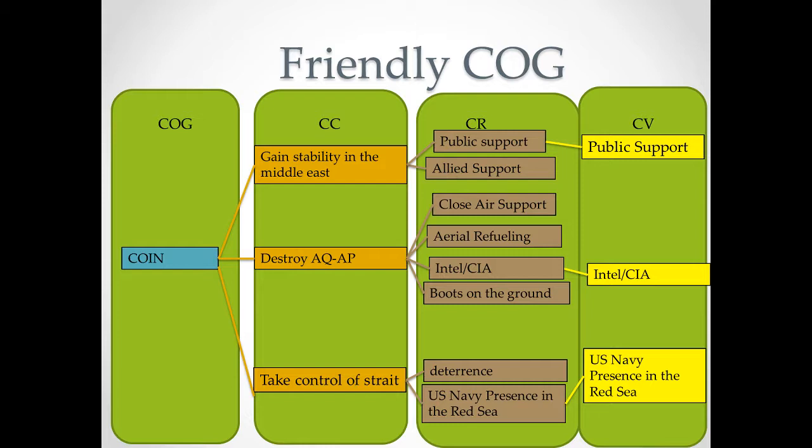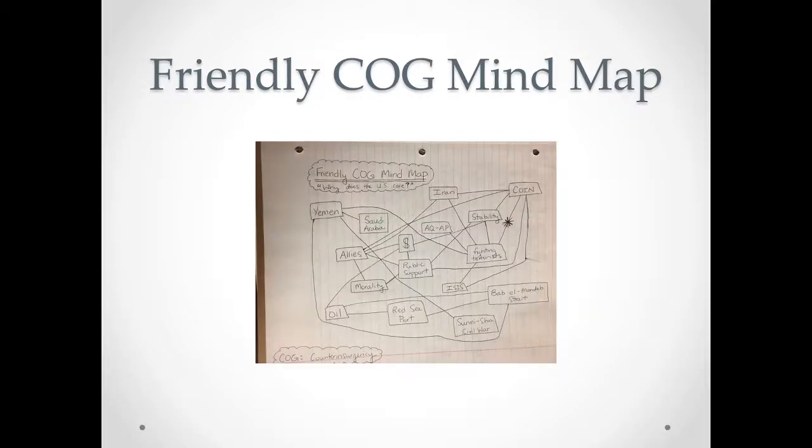So what we have right here is a Dr. Strange model. This is one I did for the Yemen Civil War. The center of gravity my team and I chose was COIN, or counterinsurgency operations. The way you initially get that is by something called a mind map.